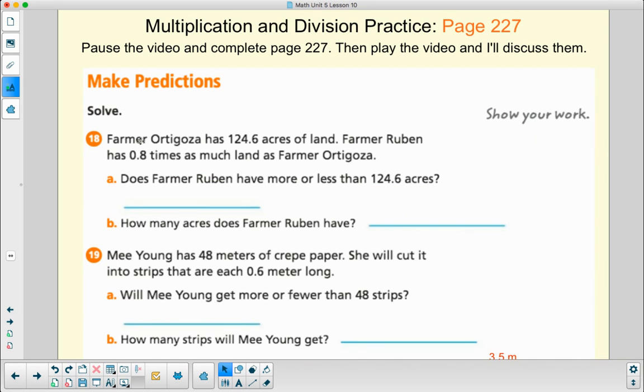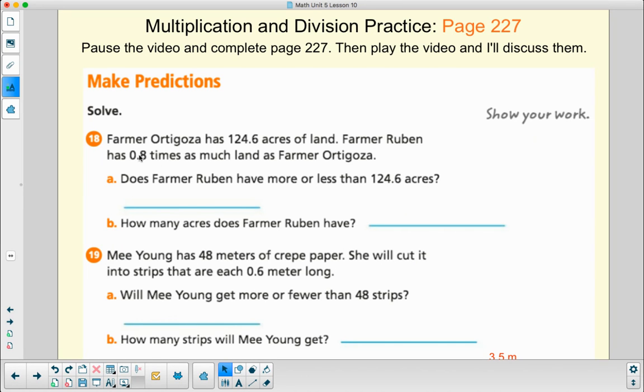Number 18, Farmer Ortigoza has 124 6/10 acres of land. Farmer Reuben has 8/10 times as much land as Farmer Ortigoza. Does Farmer Reuben have more or less than 124 6/10 acres? Let me see.